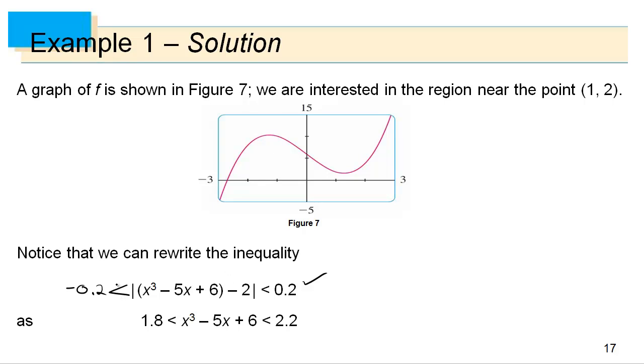So when you ignore the absolute values, it's in between those two. Then you add 2 to both sides, and that's where you get the 1.8 on the left hand side. So we're just solving an inequality here by turning it into a compound inequality without the absolute values.